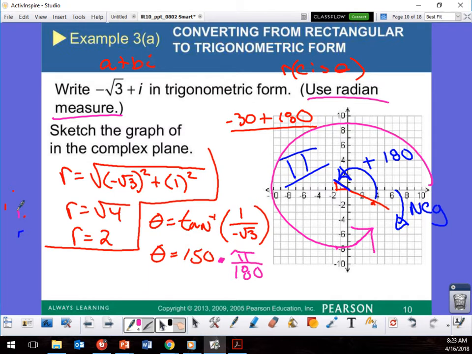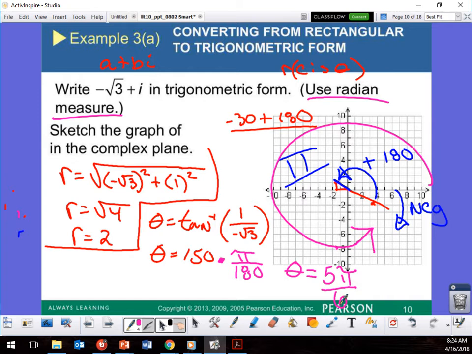No. They're not always on the unit circle. So you have to know how to convert anyway, right? We've been doing this since back in unit 1. So multiply by pi over 180, so my theta is 5 pi over 6, right?